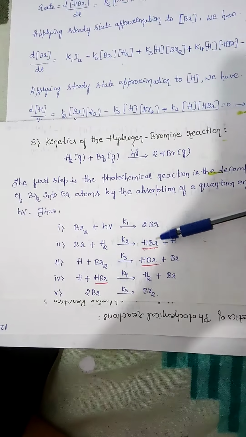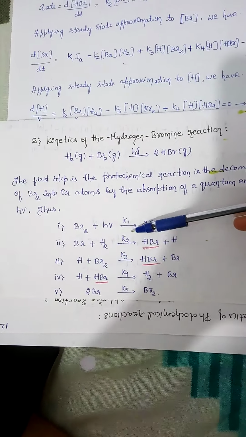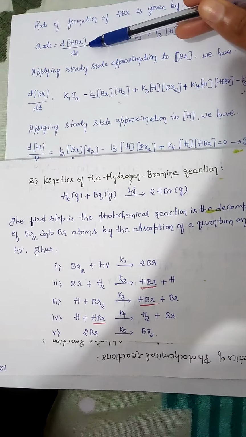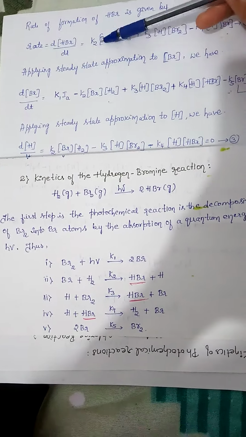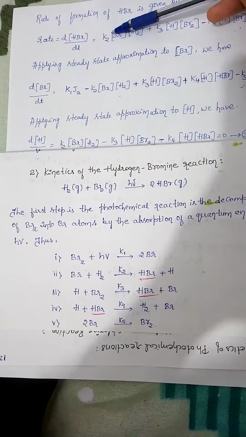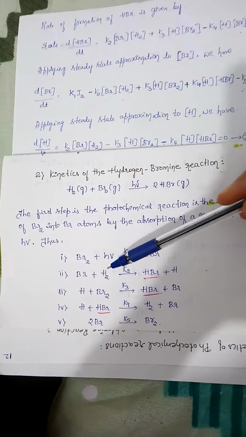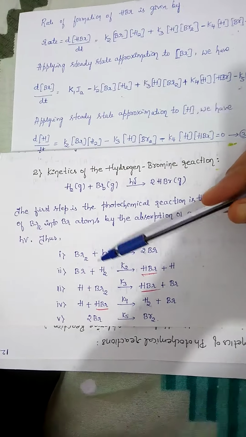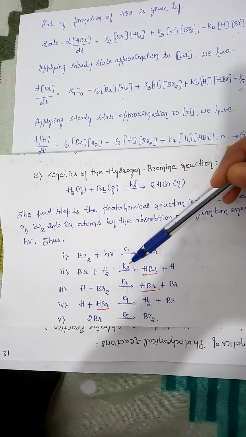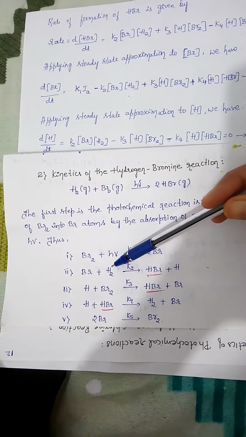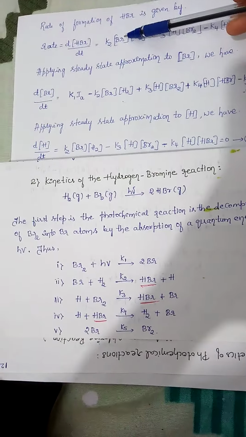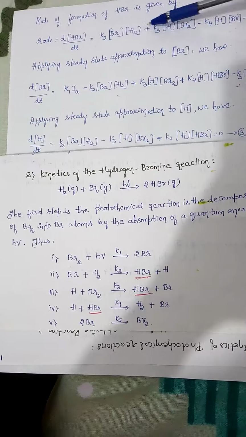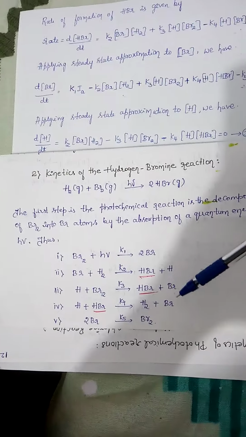For that, first write the rate constant, that is K2. So write d[HBr]/dt equals K2, and see here Br plus H2 are present on the reactant side. After writing the rate constant, you have to write the reactant molecules. So that is [Br][H2] plus, again see the third step.